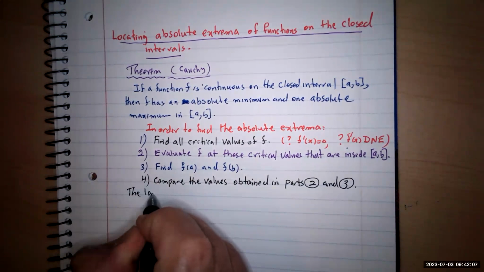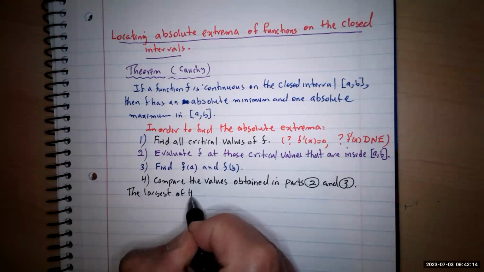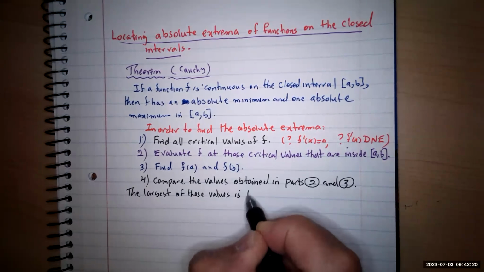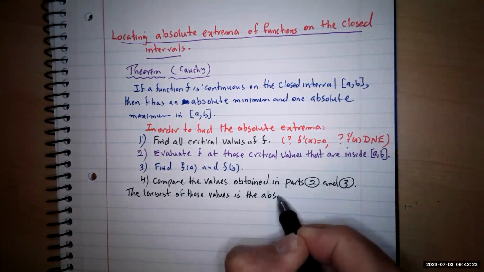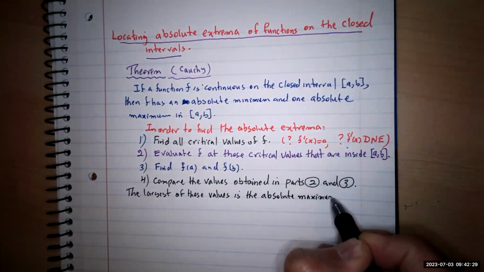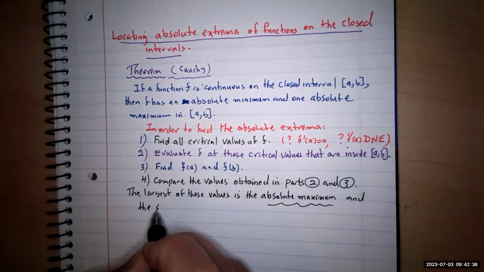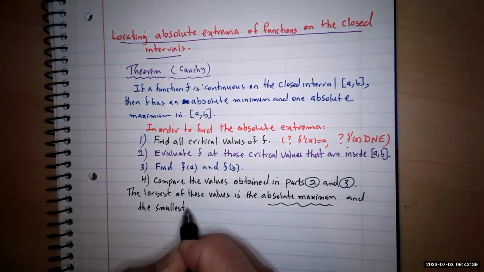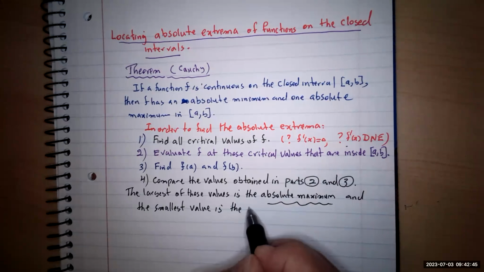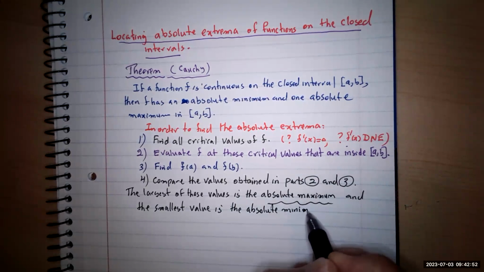So the largest of those values is the absolute maximum, and the smallest value is the absolute minimum. And it's always possible, according to this.